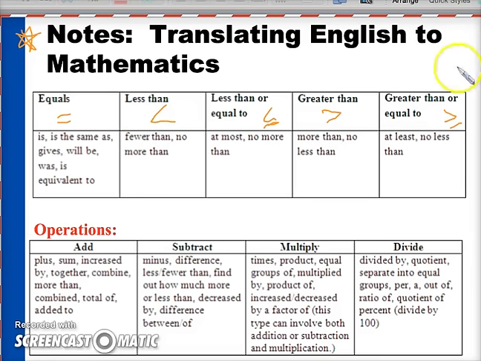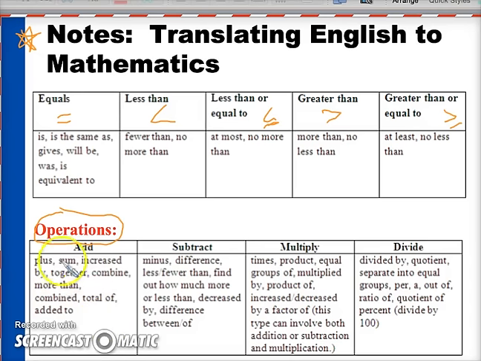Okay? Then the second most important part is called the operations. So what kind of word in English means addition or subtraction or multiplication or division? And so words that mean addition are like plus, sum, increase, together, combined, more than.